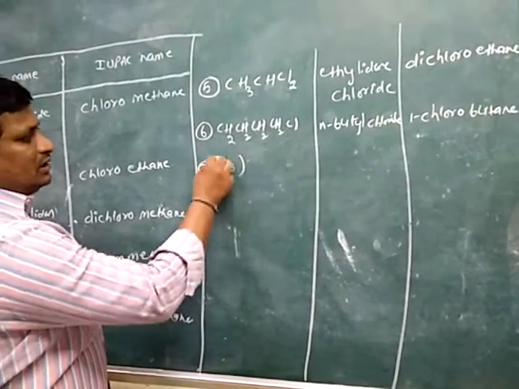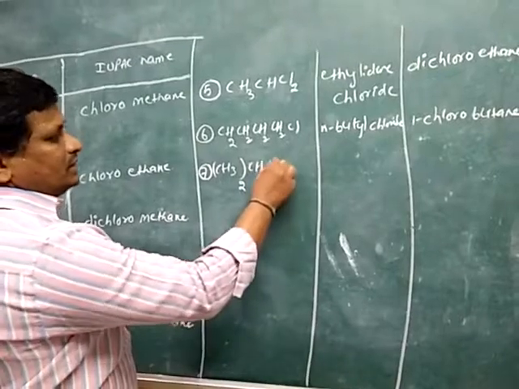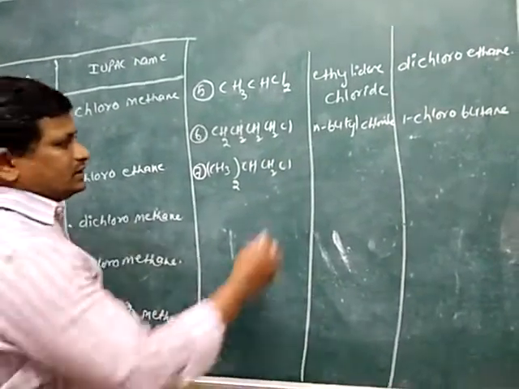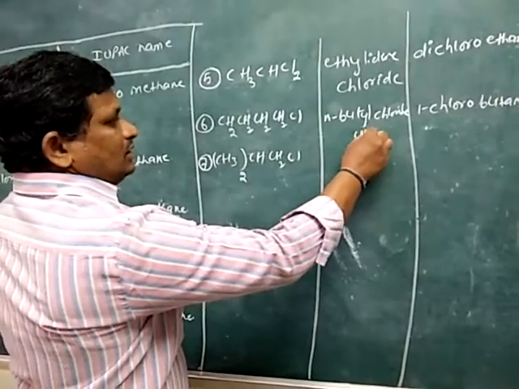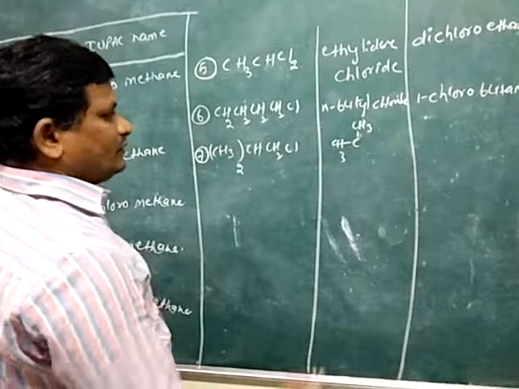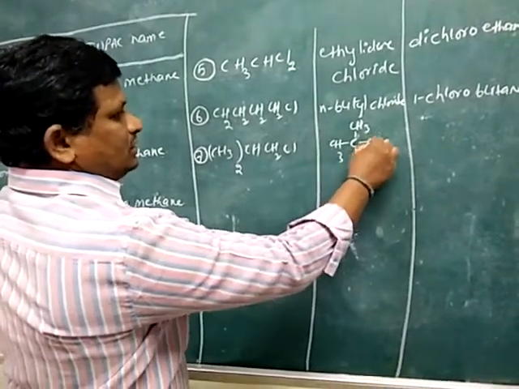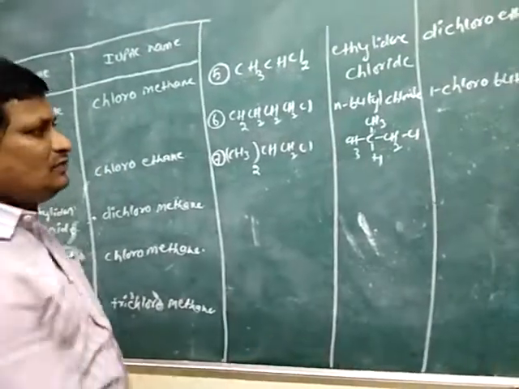Then the seventh one is (CH3)3CCl, so it is CH3, CH3, CH3 with Cl.